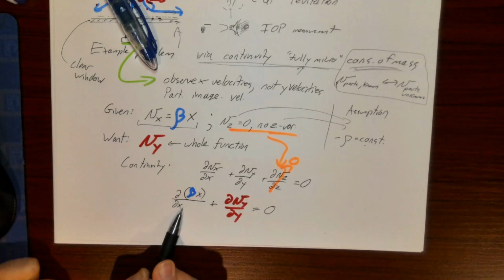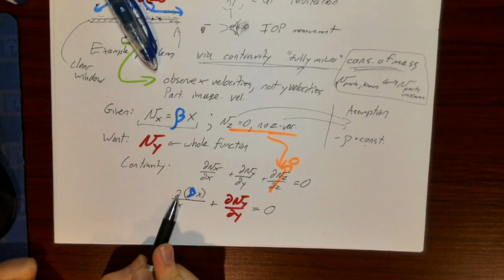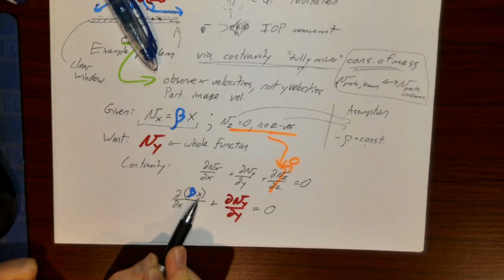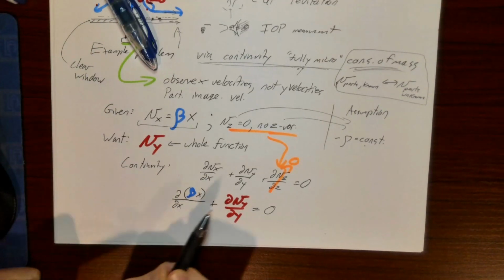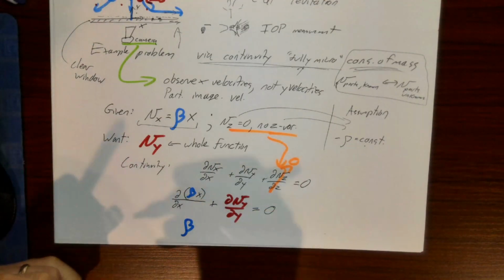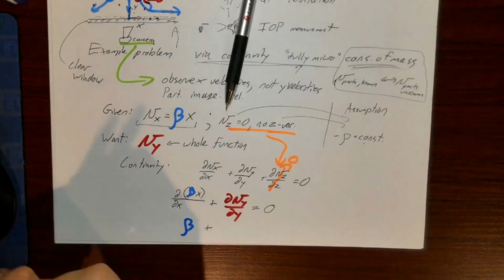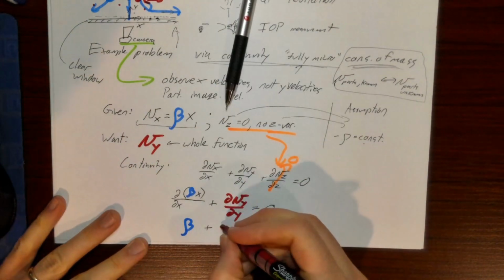So we can actually take this partial derivative, right? I can take a partial derivative of some constant times x. So the partial derivative of this constant times x, well, that's just the constant itself, right? So what does this mean? I now basically have beta plus this derivative of vy with respect to y is equal to 0.